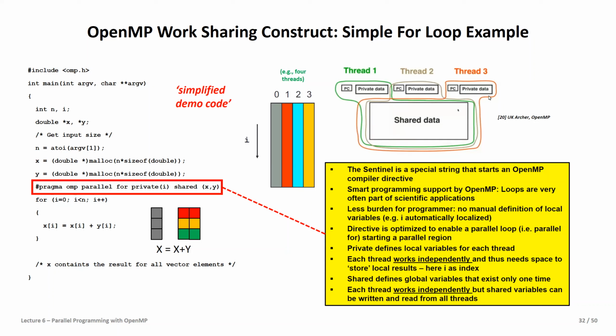And that will then look a little bit like what we have here on the top: we have these different threads, and they have the shared data, which would be the shared array here, for example, where you can write and read from. But everyone also has private data, which is, for instance, the index, here the E.